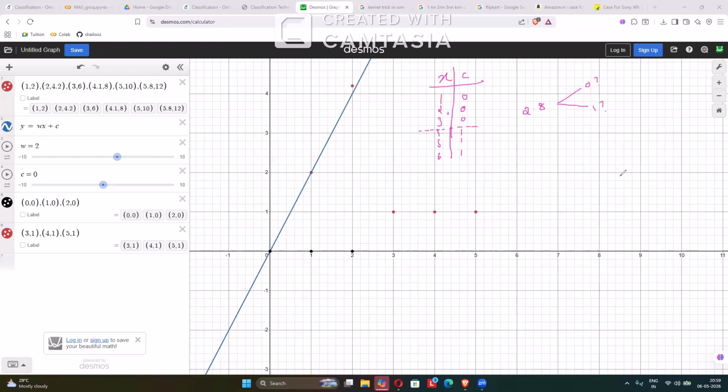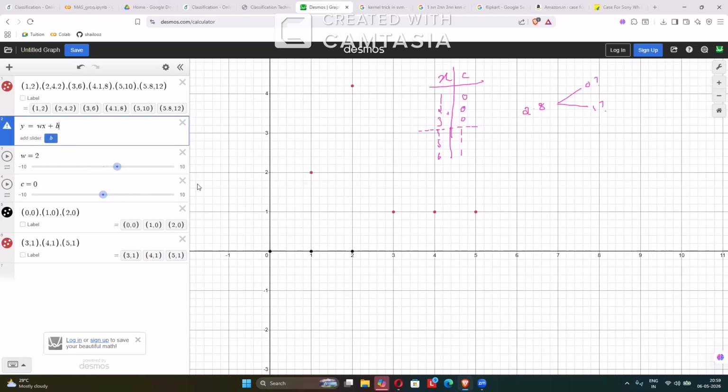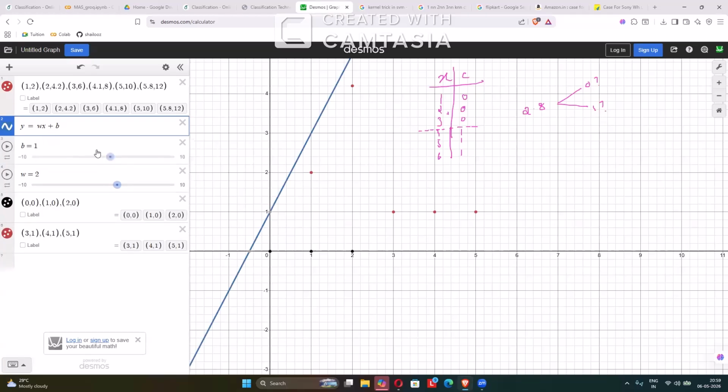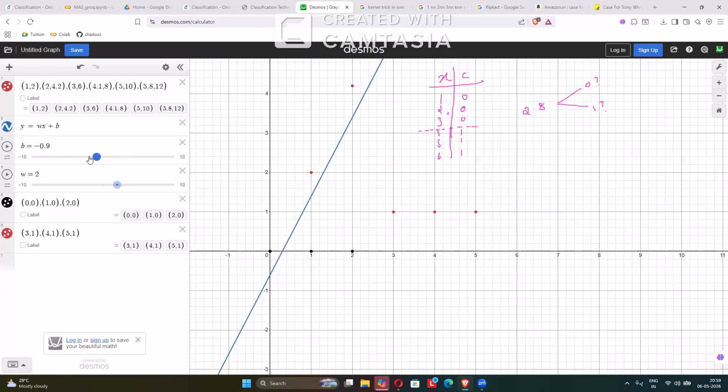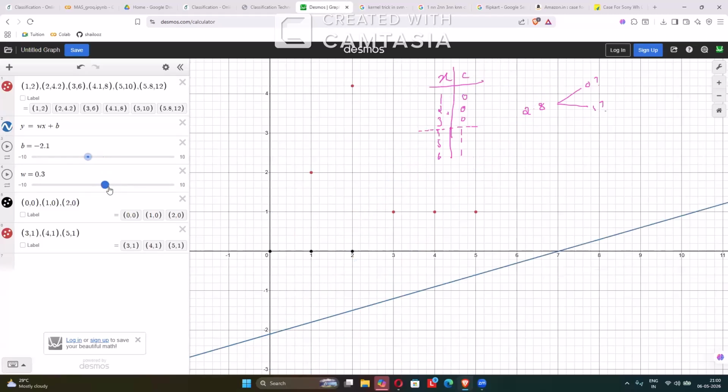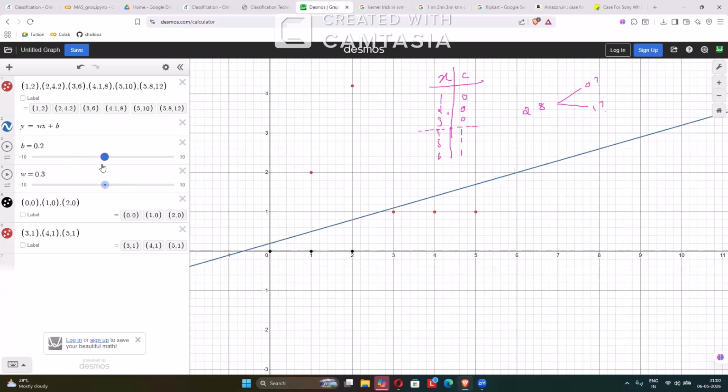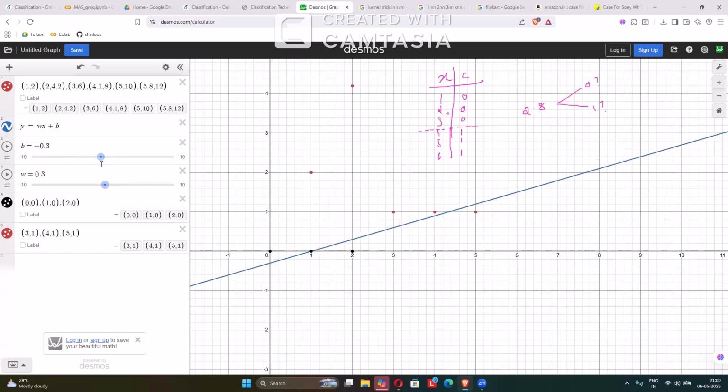Is it clear? Yes, sir. So as we are having y is equal to wx plus b here, however you can adjust this, but this will not give an appropriate approximation. Even if you do like this, can we say this is a good approximation?